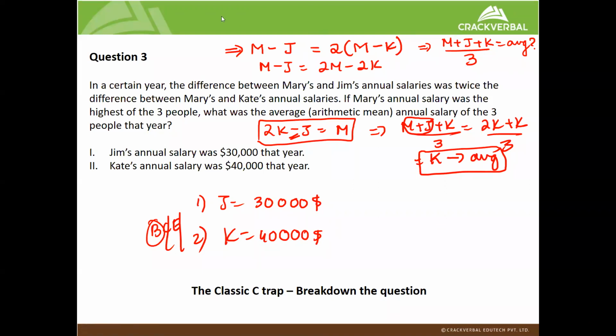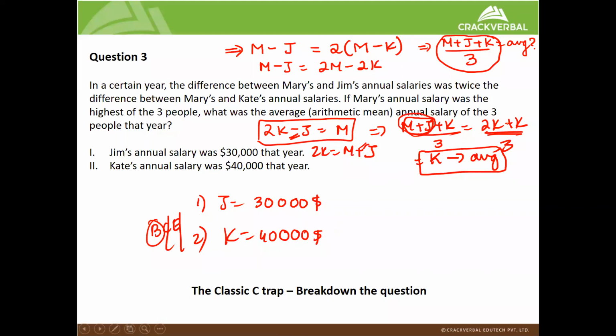And remember, whenever you have word problems, always make sure you break down the question step by step. All that was given to me was this equation: M minus J is equal to 2M minus 2K. Breaking that down, I got 2K minus J is equal to M. So 2K has to be equal to M plus J. And the question asked me to find out the value of M plus J plus K divided by 3. So if that is the average, I can replace M plus J with 2K.